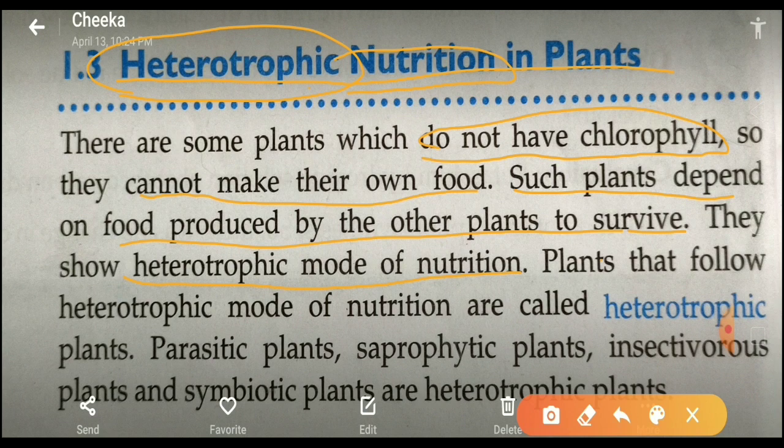That means non-green plants, which do not have chlorophyll, are not able to make their own food and are dependent on other plants to get food to survive. So they show the heterotrophic mode of nutrition. Plants that follow the heterotrophic mode of nutrition are called heterotrophic plants, or heterotrophs.